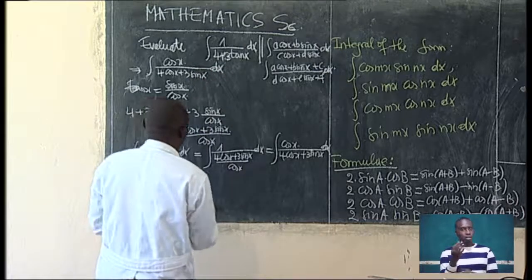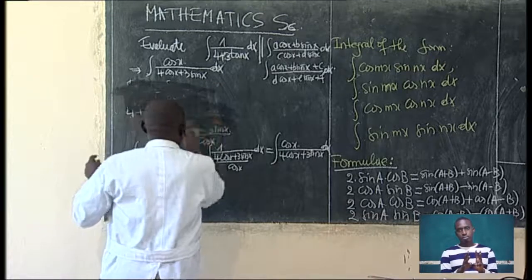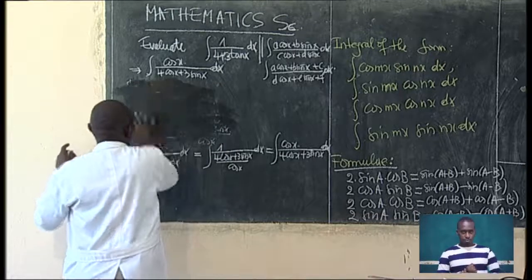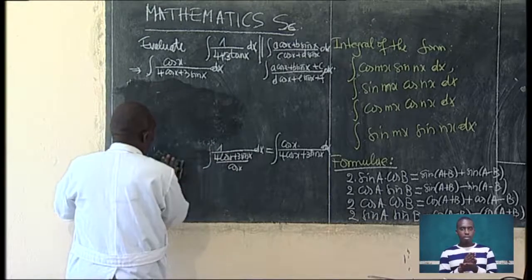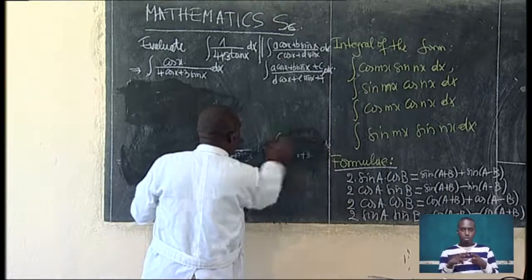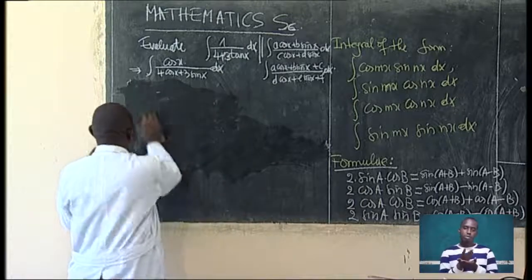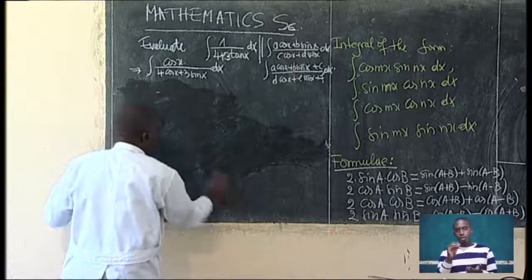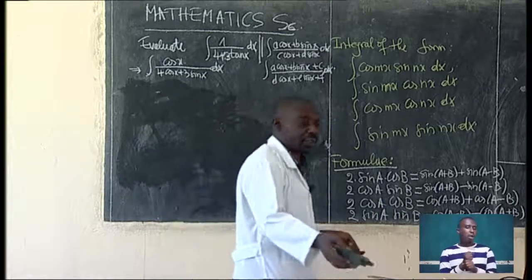Of course, we are going to apply our previous method, which is to express the numerator in terms of the denominator. Then, of course, we'll be having some coefficients. After getting those coefficients, the work will be very simple.